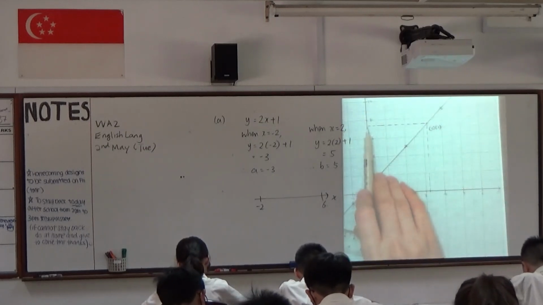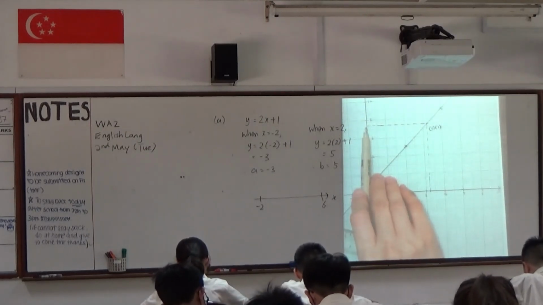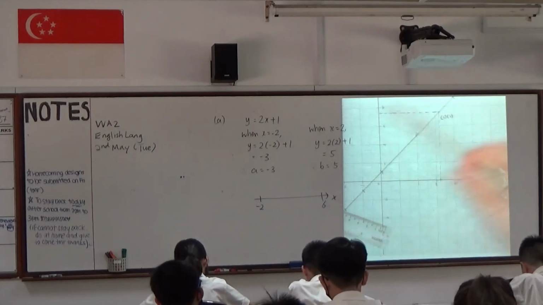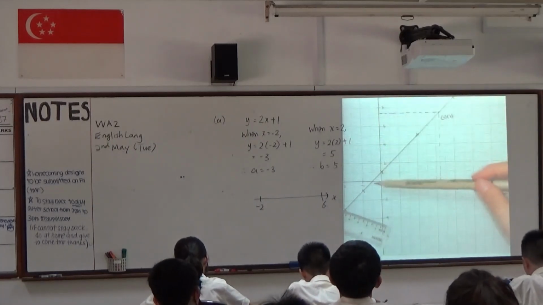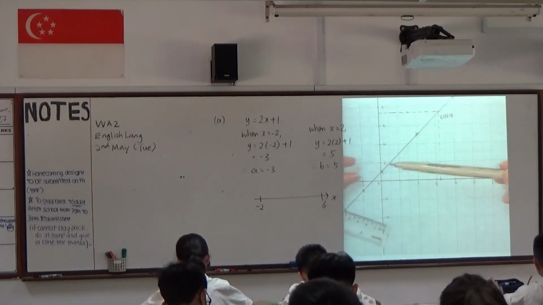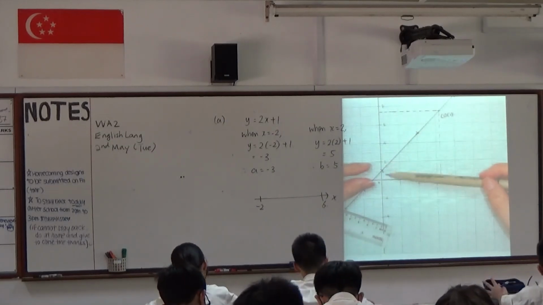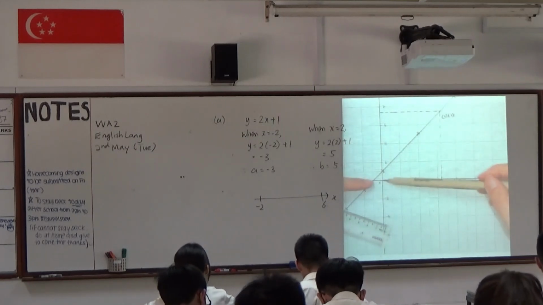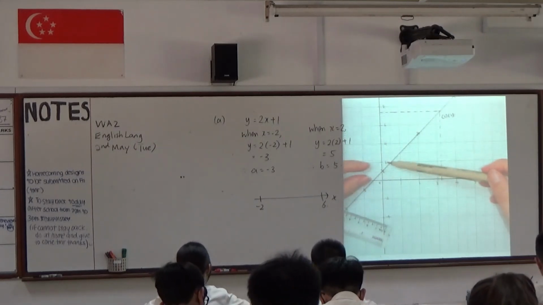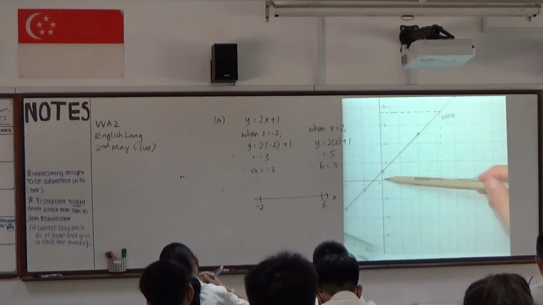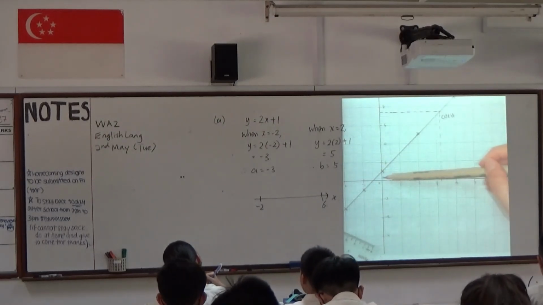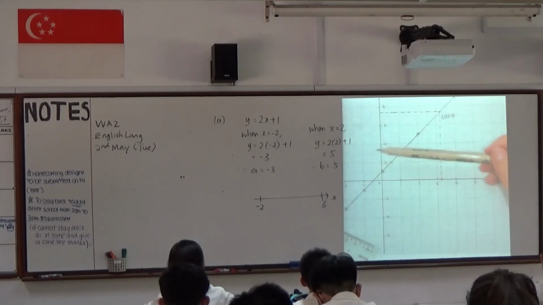So how do we read this and know the value? Notice that your y-axis scale is such that 10 small squares is 2 units, not 1 unit. That means one small square is 2 units divided by 10, it is 0.2. So every one small square when you go up, it adds 0.2.